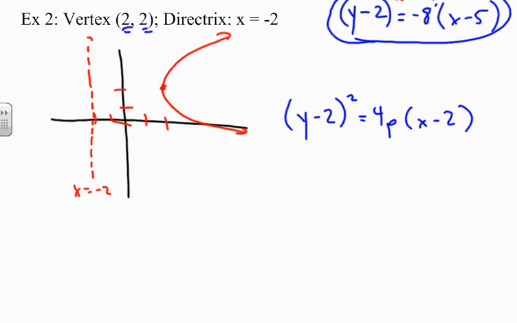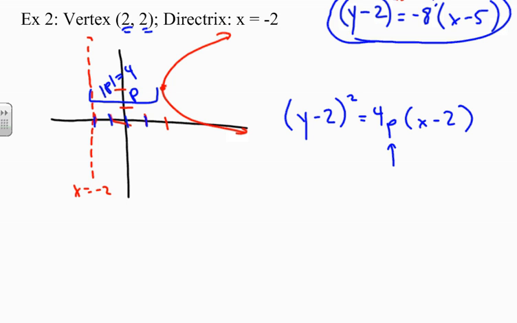We now need to figure out our p-value. The p-value not only is the distance from the vertex to the focus, but it's also the distance from the vertex to the directrix. So that distance right here is 1, 2, 3, 4. So our absolute value of p is going to equal 4.